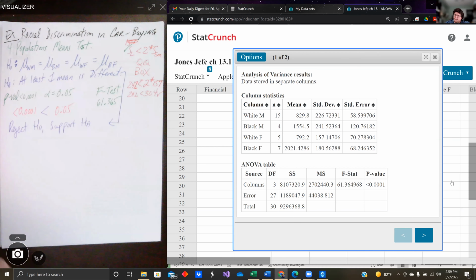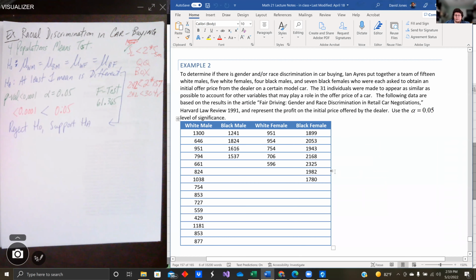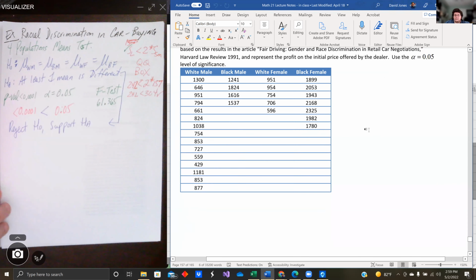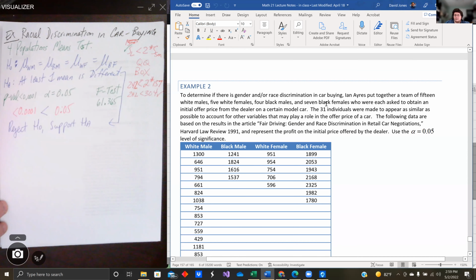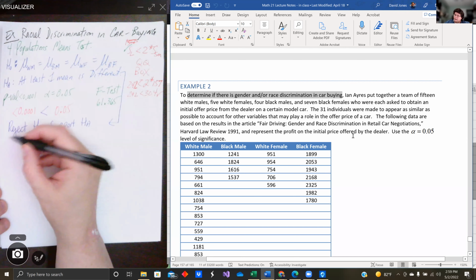So my conclusion, I'm going to go back to the word problem: to determine if there's gender or racial discrimination in Carbine. So that's my HA.